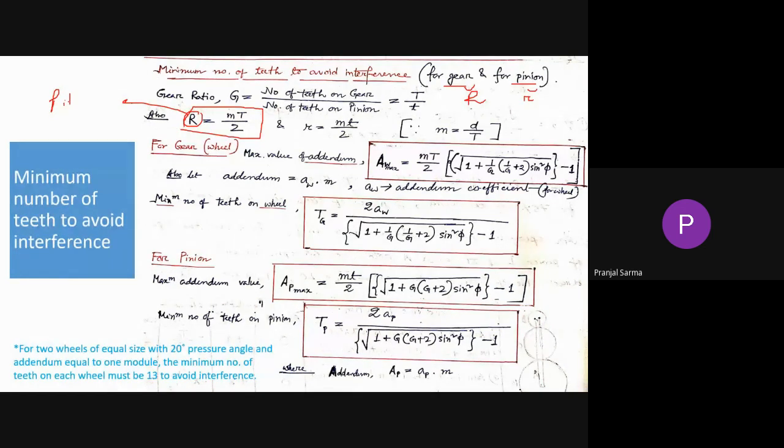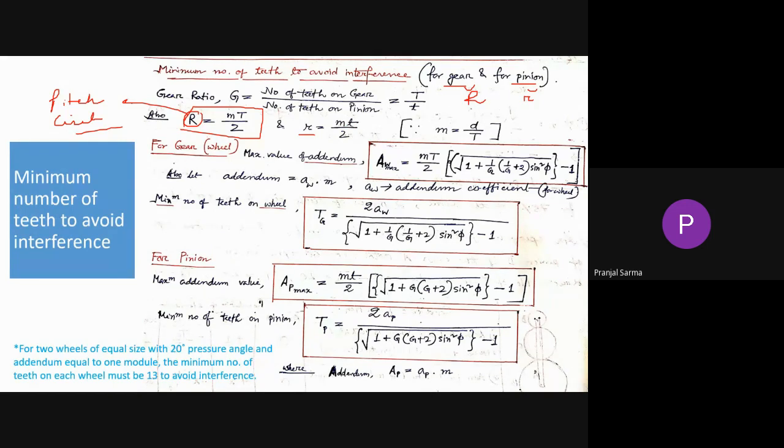Always the pitch circle is the important one. This is the pitch circle radius for the gear, that is the bigger wheel. We can write M capital T by 2, and for the smaller one, this is M small t by 2.